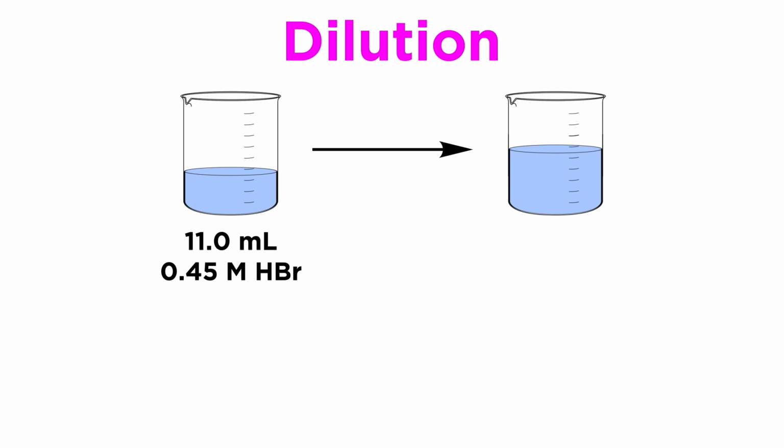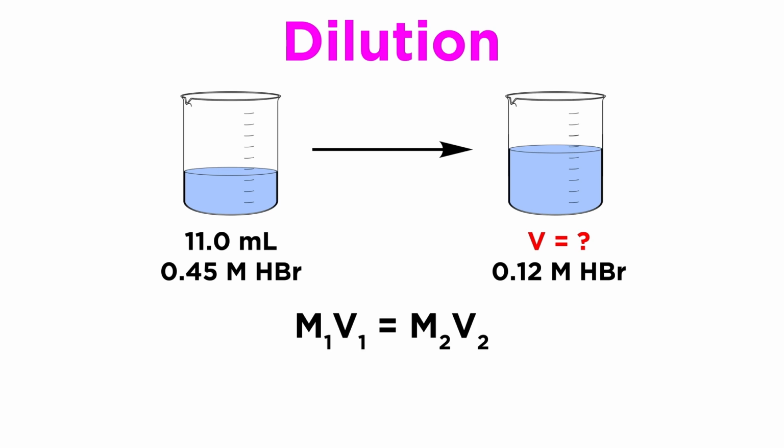For example, let's say we have 11 milliliters of a 0.45 molar hydrobromic acid solution, but the experiment we are doing calls for 0.12 molar hydrobromic acid. What volume must we dilute this solution to in order to get a solution of the desired concentration?